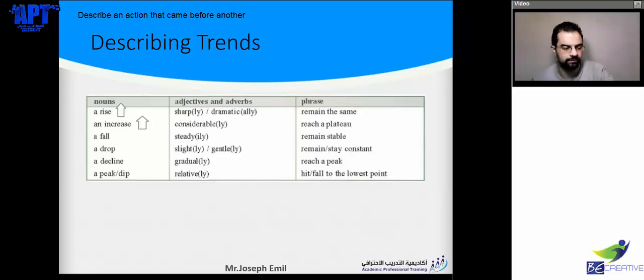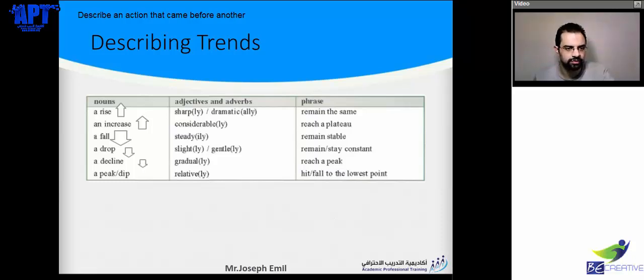Fall, it is like this. A drop, a decline, a peak or a dip. Remember that a peak is when you reach, shall we say, a cone.